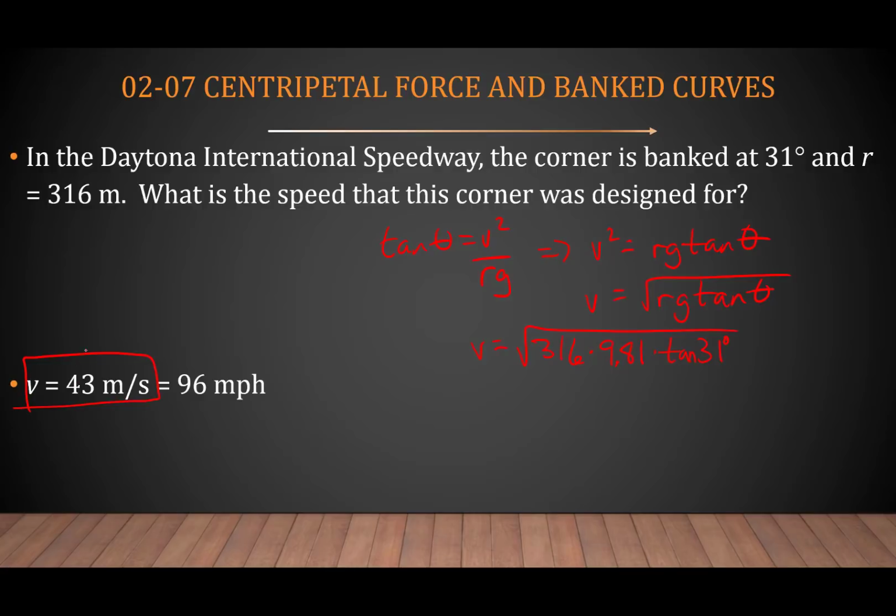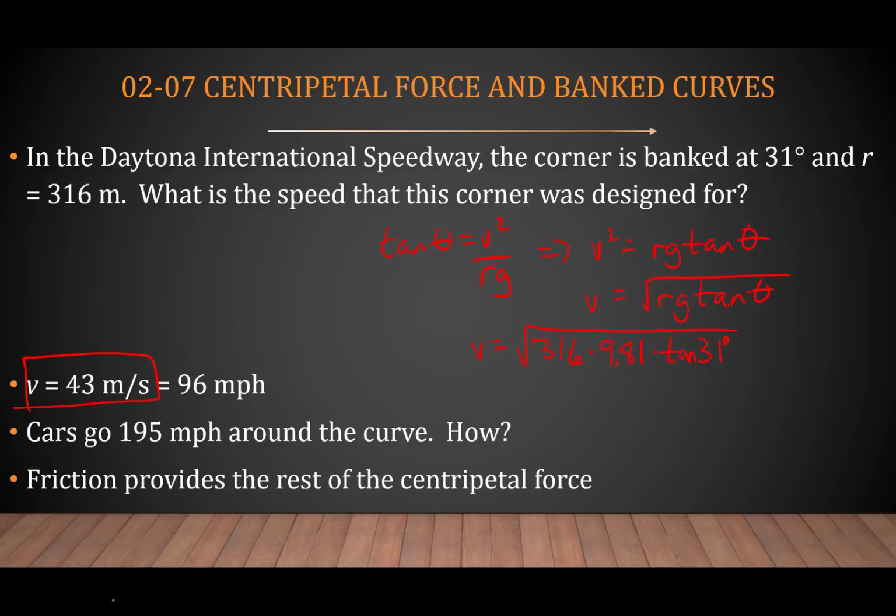So that curve can handle 43 meters per second, or about 96 miles an hour, if there's no friction. But cars go a lot faster. How do they go faster without sliding off that curve? The answer is there's friction, and friction between the tires on the road provides the rest of that centripetal force.